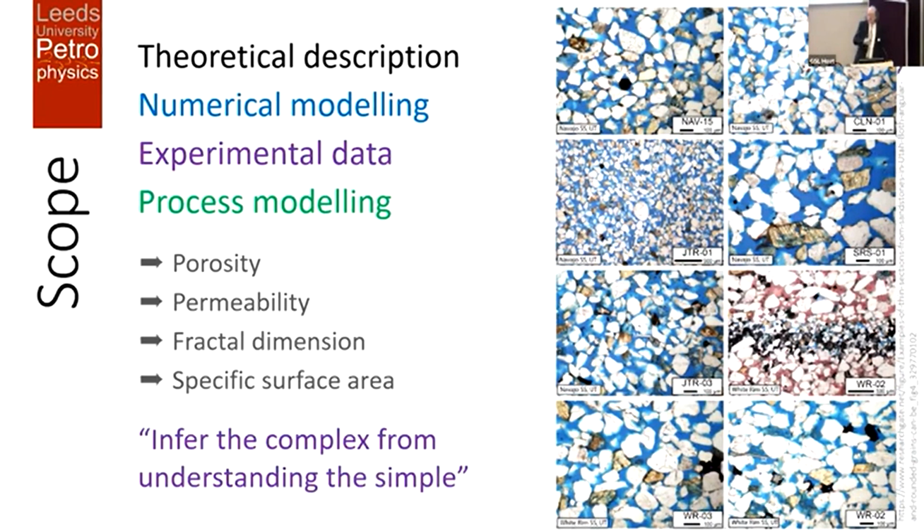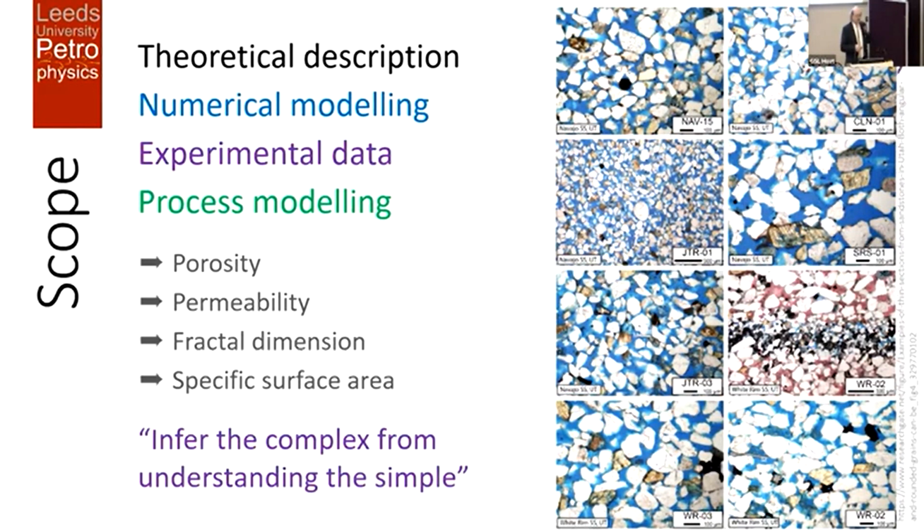I'm going to show you information today that actually tells you that we can simplify most rocks to that situation and not suffer from it. So this is about inferring the complex from understanding the simple.